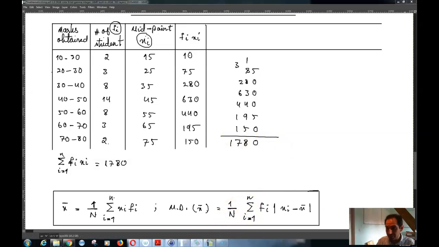I don't understand. So 10 plus 70 plus 75 plus 280 plus 630 plus 440 plus 195 plus 150 is 1780. My calculation is not incorrect. 30, 75, 280, 630, 440, 195, and 150.